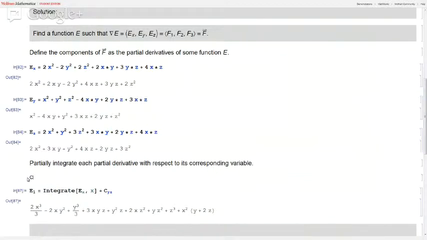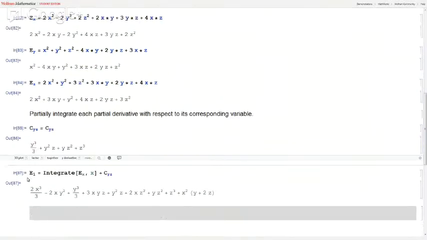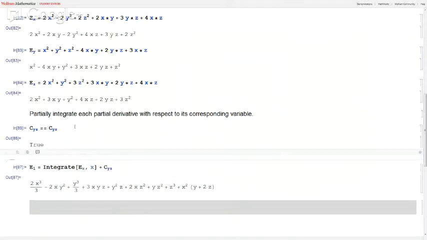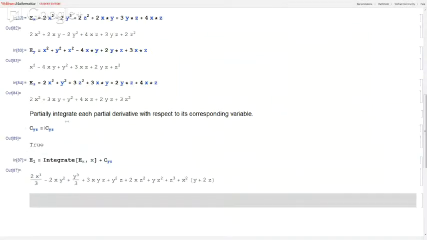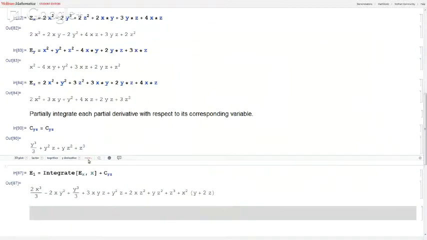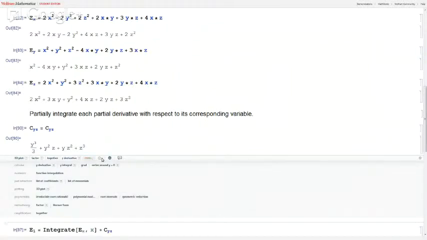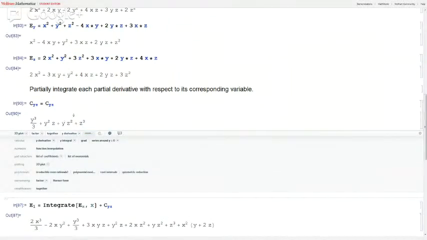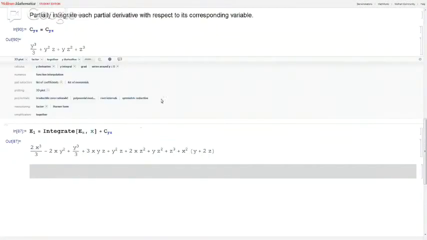How about C, Y, Z equals C, Y, Z? Nope. Yes, that is true. Good job. Well, for the life of me, I cannot clear this variable. So I'll use a different one. I'm going to say lowercase c. That's my constant of integration.